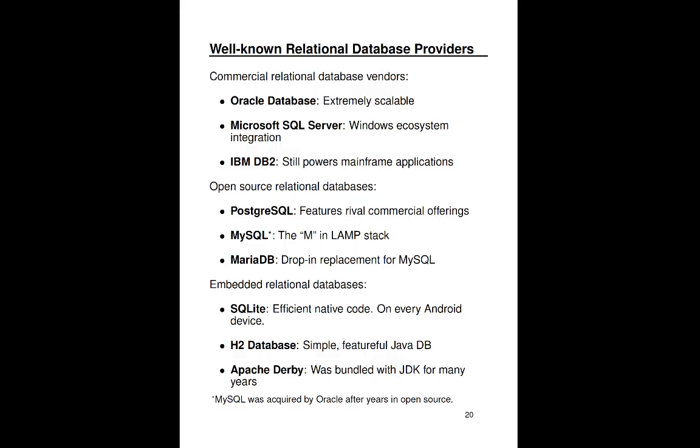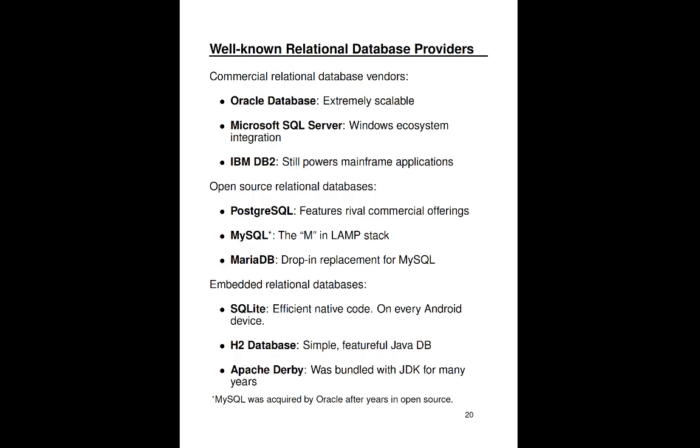I did want to talk about some specific relational databases that are offered by various vendors. So these are things that you might have come across or that you might have heard of. There are a couple of very popular commercial relational database vendors: Oracle and Microsoft SQL Server, IBM DB2. These are very popular, very robust, very expensive, because they power very important applications that run all sorts of systems all over the world.